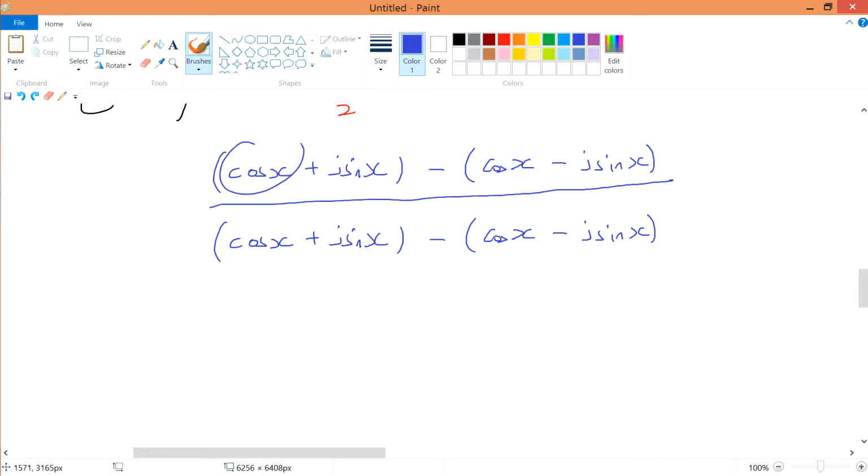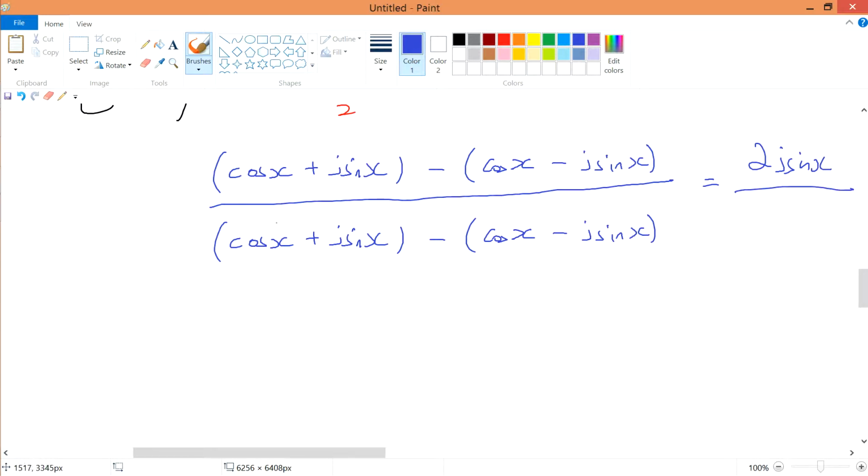So this cosine x minus cosine x, I will have nothing, right? So I'll just leave it as nothing first. And then j sine x minus j sine x, I'll have, so j sine x minus is plus, so plus j sine x. I have 2j sine x.